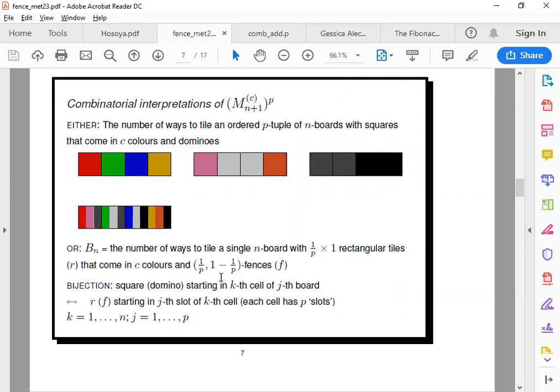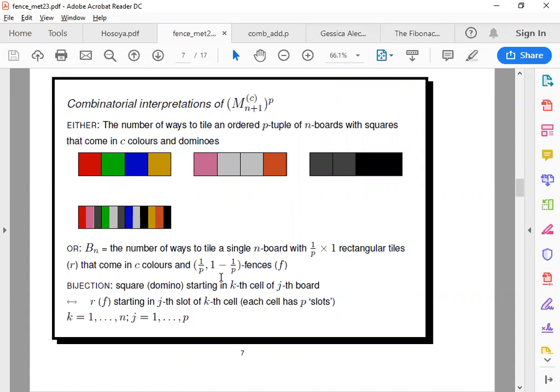So this red one goes to the first slot of the first cell. The pink one from the second board goes to the second slot, and the first half of the domino goes to the last slot here. Then the green one goes to the first slot, the grey one goes to the middle slot, and this one goes to this slot here.